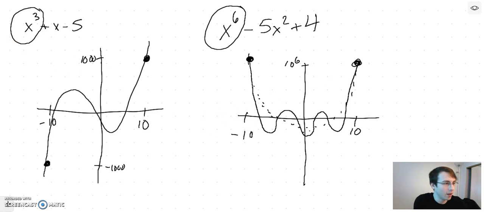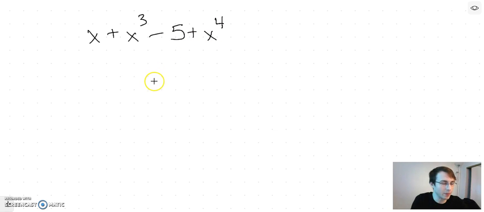Let's try one more to try to throw you off here. What if we have something like x plus x cubed minus 5 plus x fourth? Well, we look at the highest degree term, which is not the leftmost term this time, it's the rightmost term, x to the 4th.